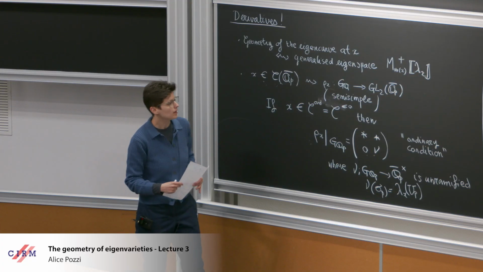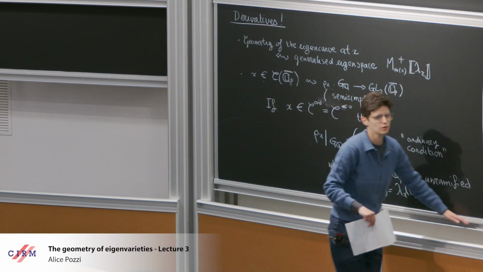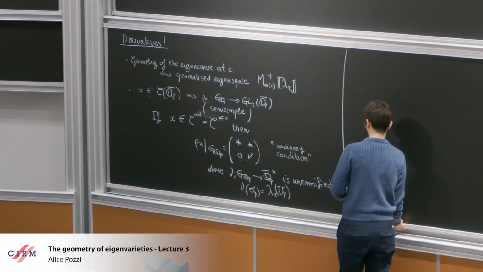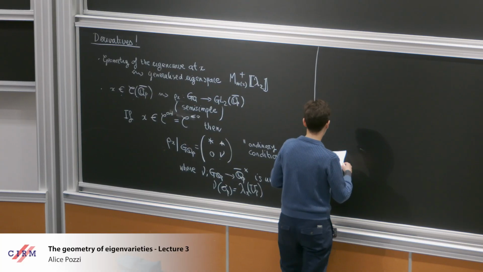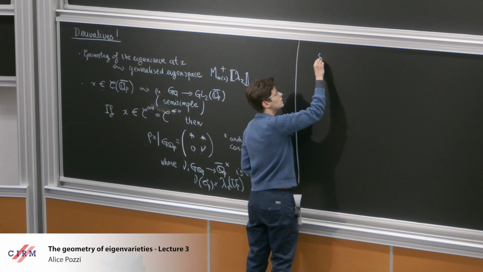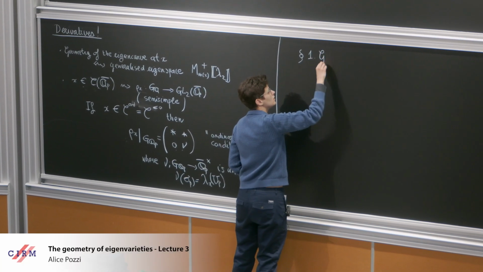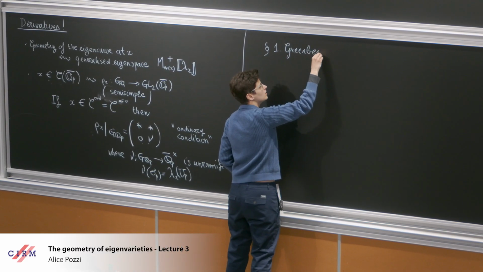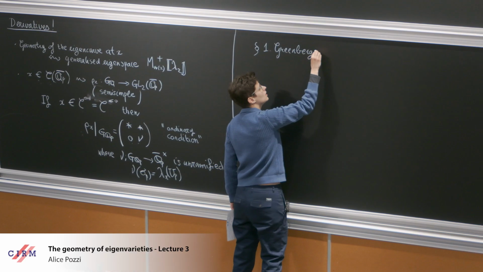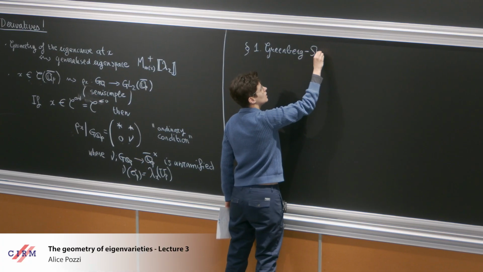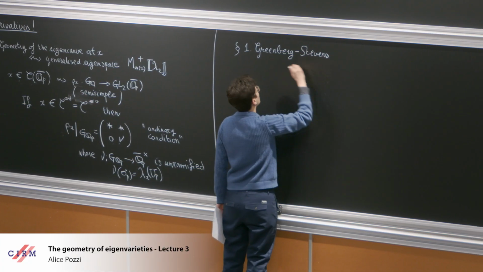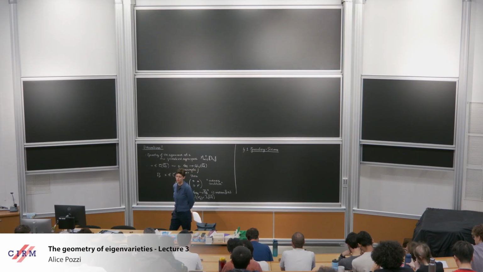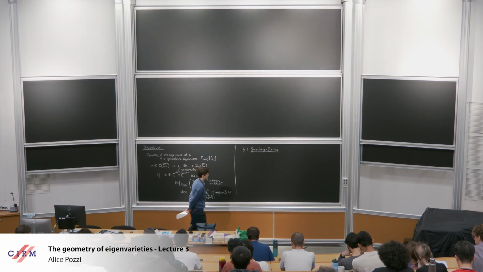Okay, so this is the setup. The first thing that I want to talk about today is the work of Greenberg-Stevens about the exceptional zero conjecture formulated by Mazur, Tate, and Teitelbaum.